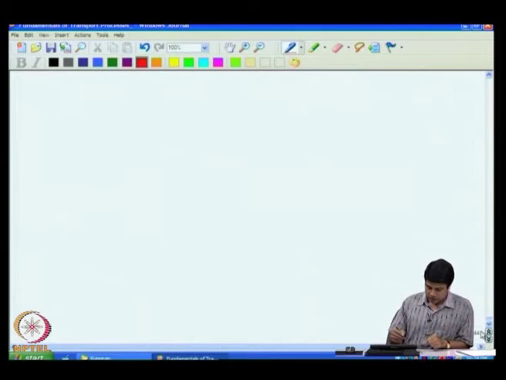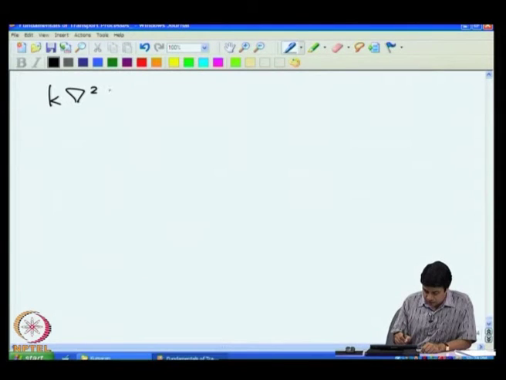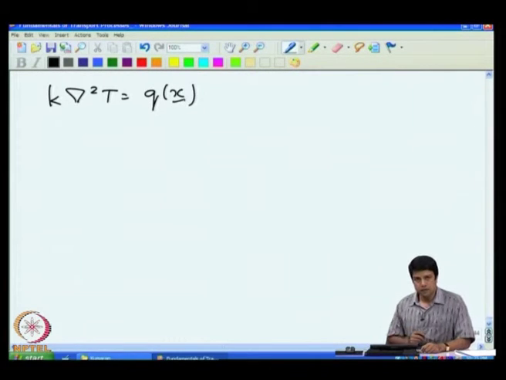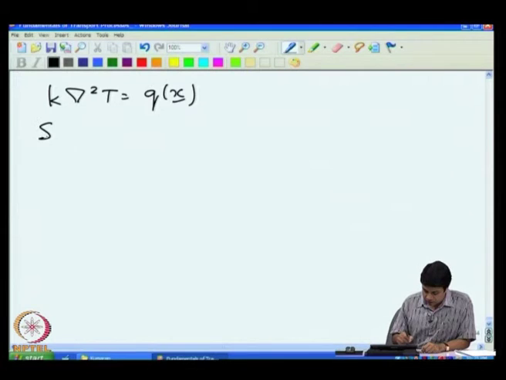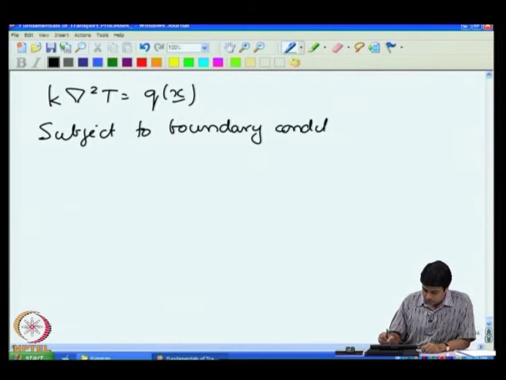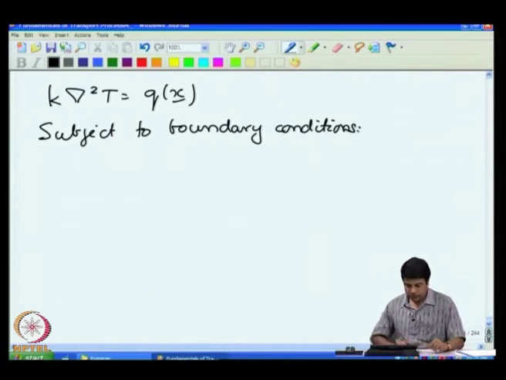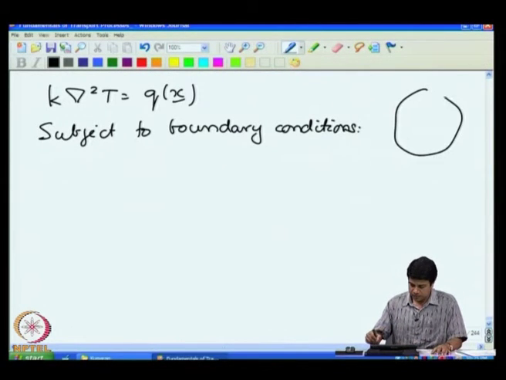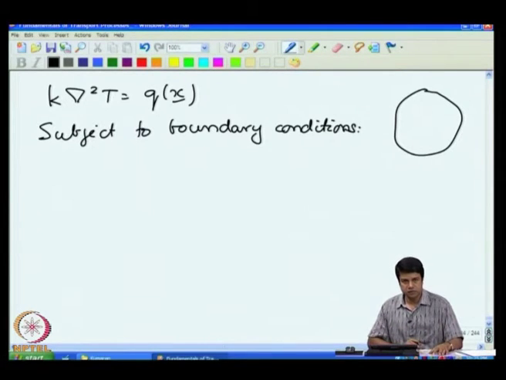So, let us assume that we have some problem to solve, k del square T is equal to some q of x, subject to some boundary conditions on some domain that I have. I have some domain and I am trying to solve this equation subject to boundary conditions on this domain.